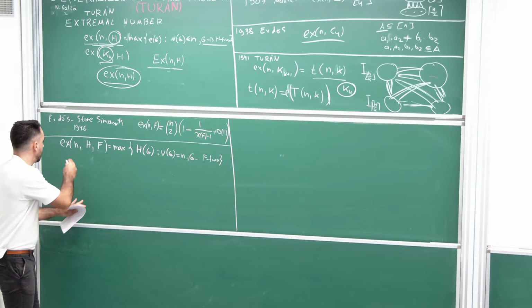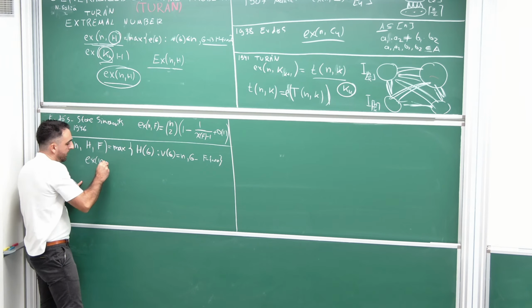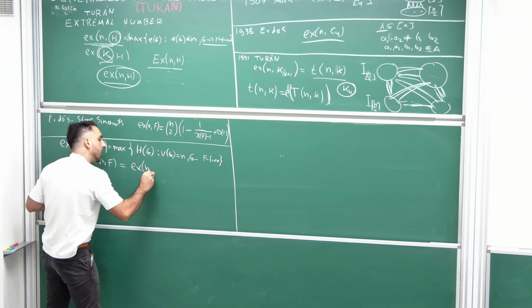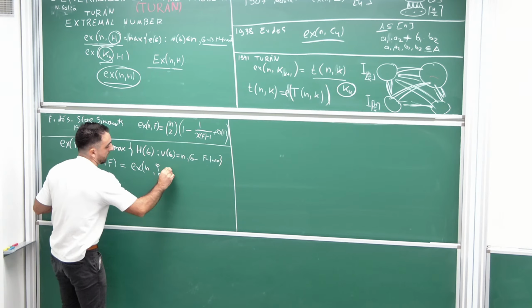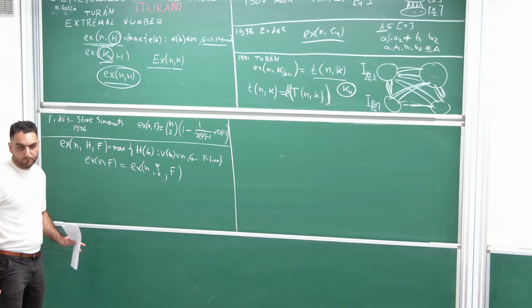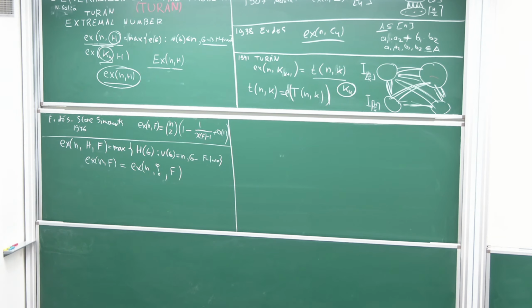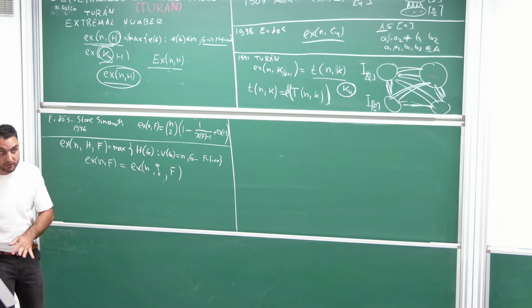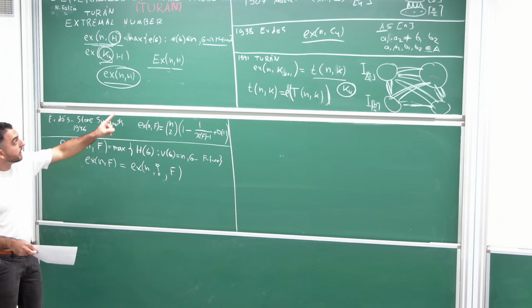So what does this mean? ex(n, F) is the same as ex(n, edge, F). Okay? So, as I promised, one of the main solved questions in this direction is from that problem.